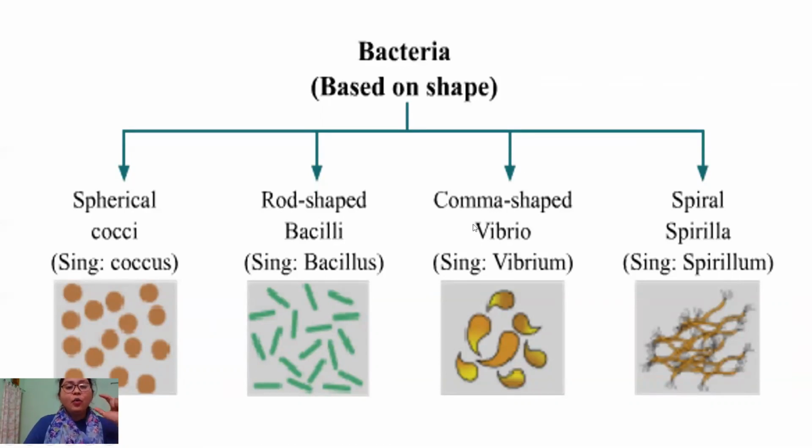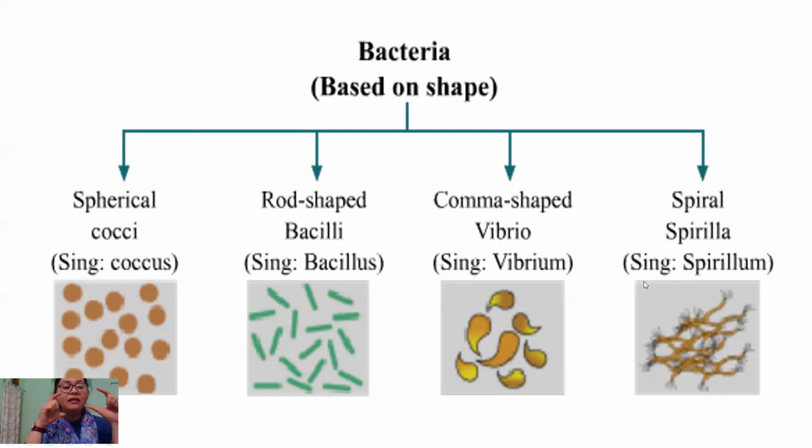The bacteria which are comma-shaped are called Vibrium. Vibrium is singular and Vibrio is plural. The bacteria which are spiral are called Spirillum. Spirillum is singular and Spirilla is plural. So don't get confused in the words coccus, cocci, bacillus, bacilli, Vibrium, Vibrio, Spirillum, Spirilla.